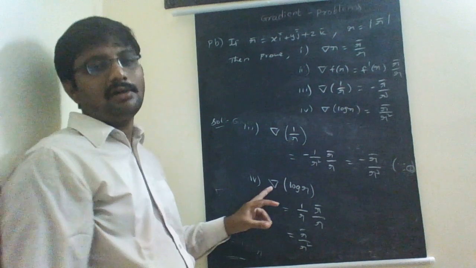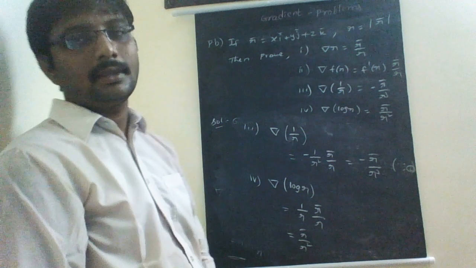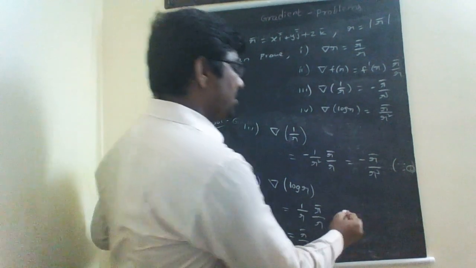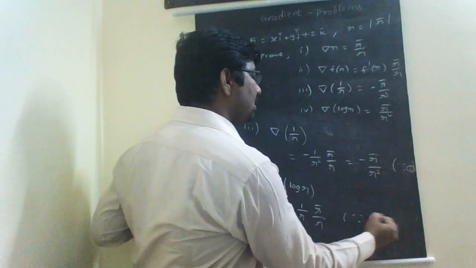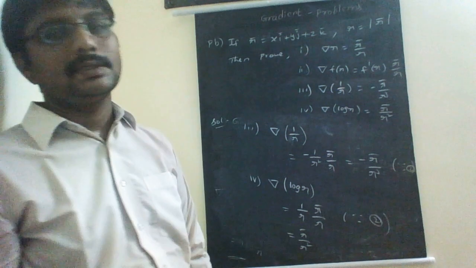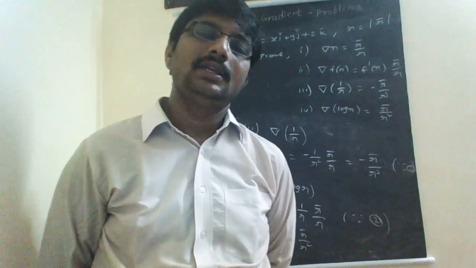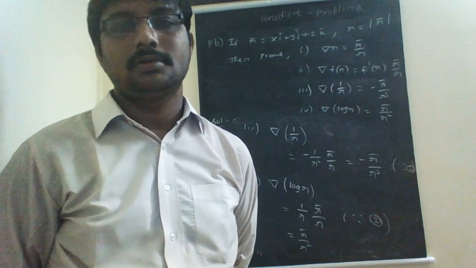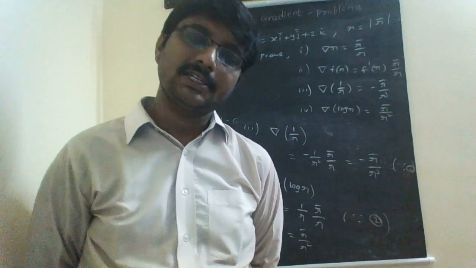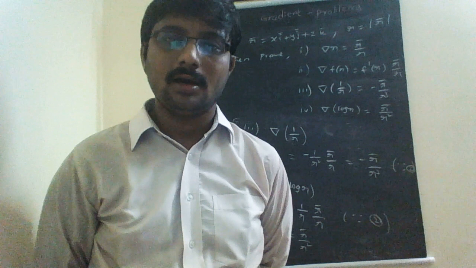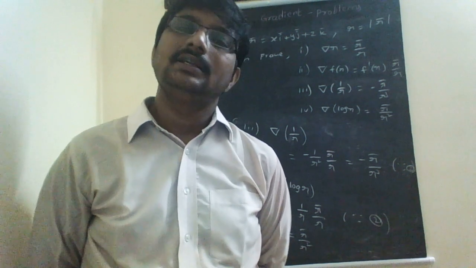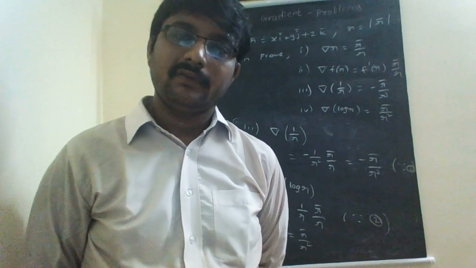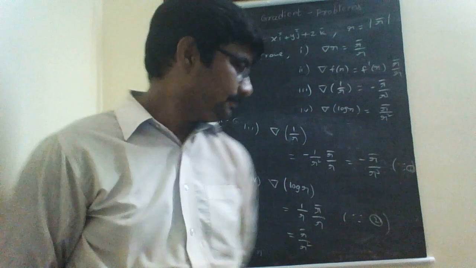So it is the value of del of log r. These are obtained by using which statement? The second statement. So the second statement is an important one to get the del of functions of r. So del of f(r) is f'(r) into r bar by r, where f'(r) is the derivative of f(r) with respect to r.